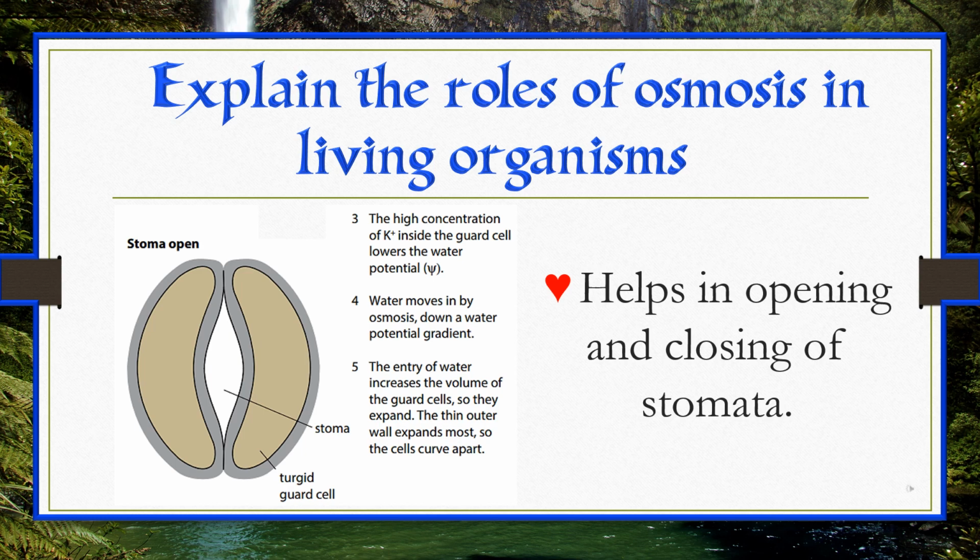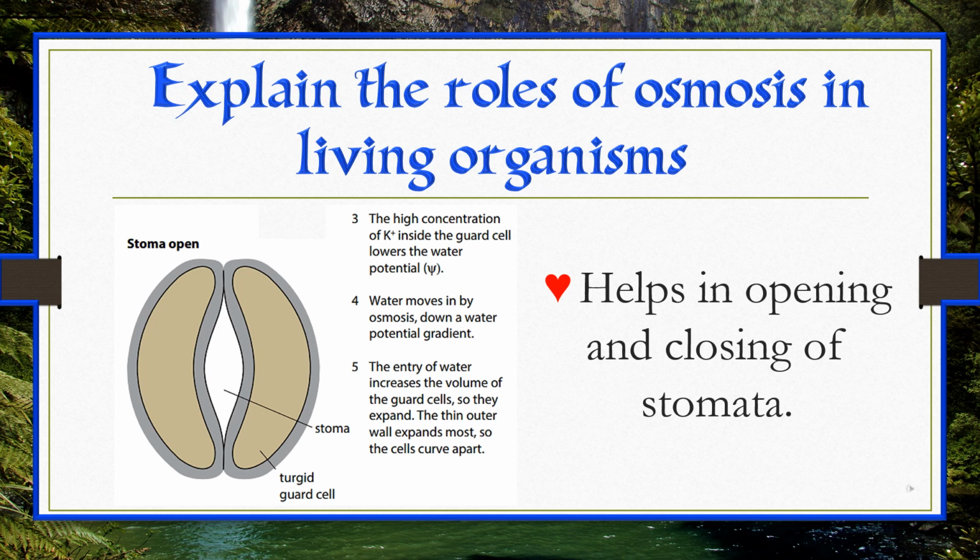The entry of water increases the volume of the guard cells, so they expand. The thinner outer wall expands most, so the cells curve apart. And when that happens, the stoma opens. And in our guard cells now, all the stomata are open.